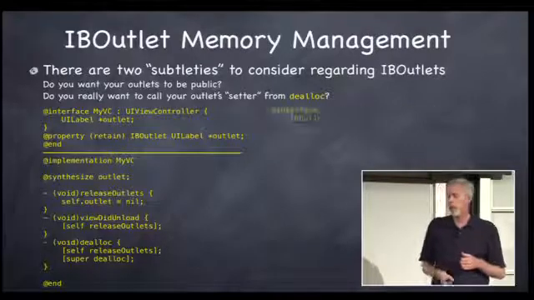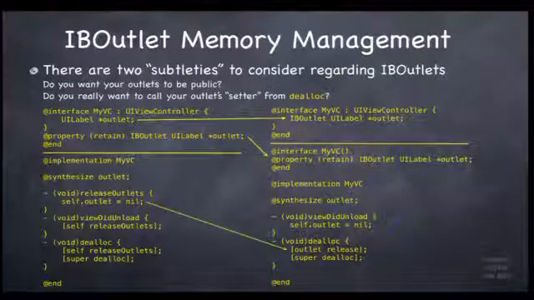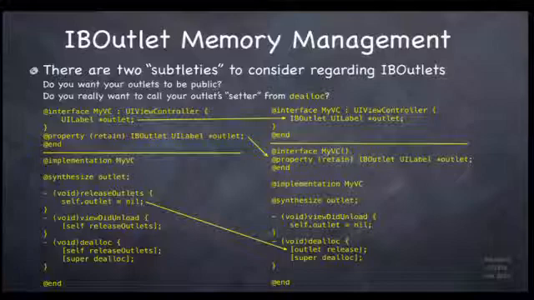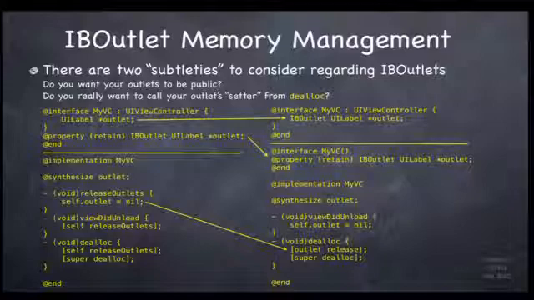That's not so good. So here's another version of this that addresses both of these subtleties. The first thing you can see is that I've removed the @property retain IBOutlet UILabel *outlet. I've moved it from the header file down into the implementation, into that little magic parentheses business. And by doing that, it's not public.